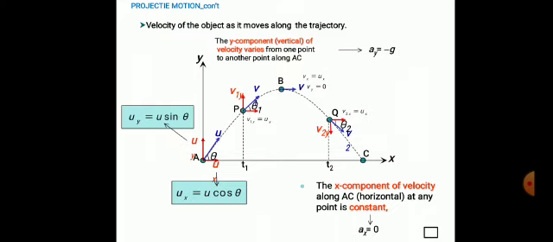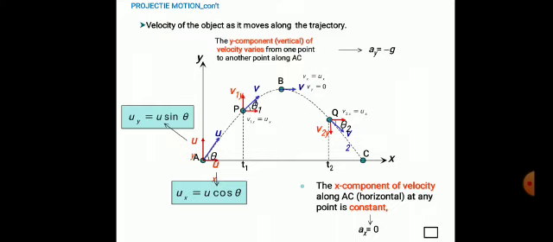Since the velocities along the y components are changing, we can say that acceleration is present. The acceleration ay is influenced by the gravitational acceleration of the Earth, which is g. But since the acceleration is pointing downward, we must put a sign convention minus. So ay is minus g.